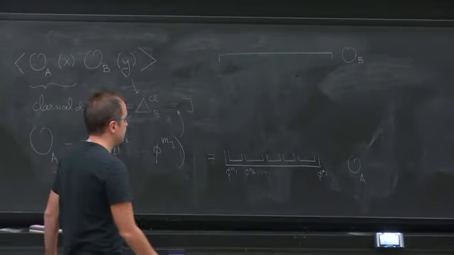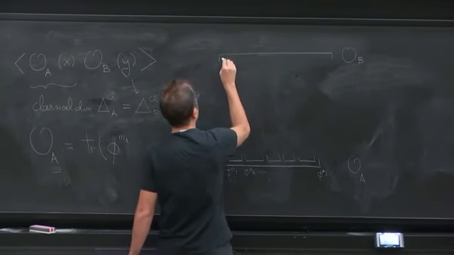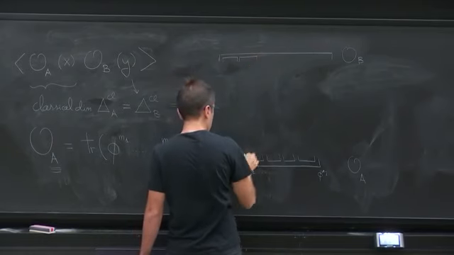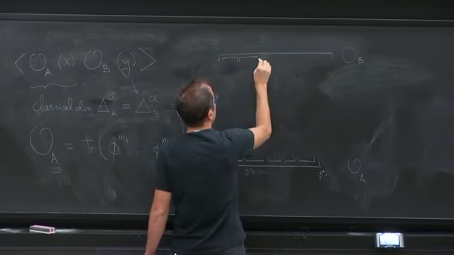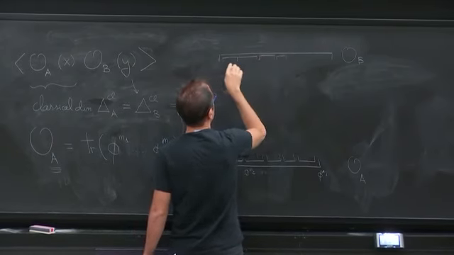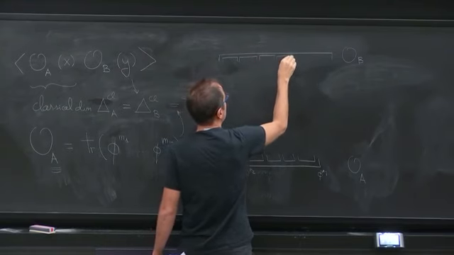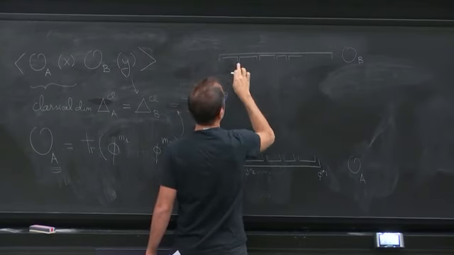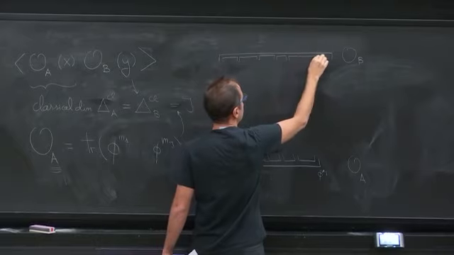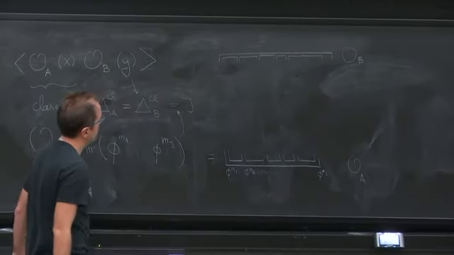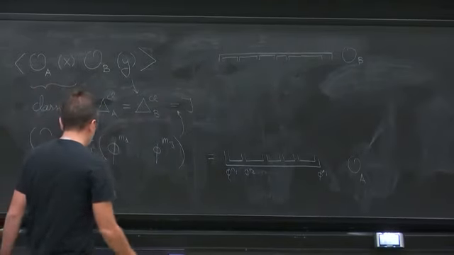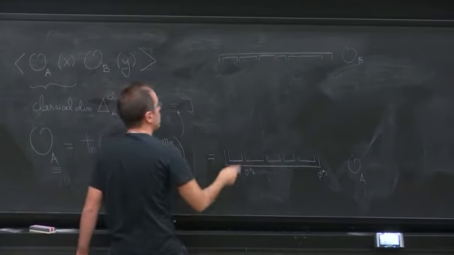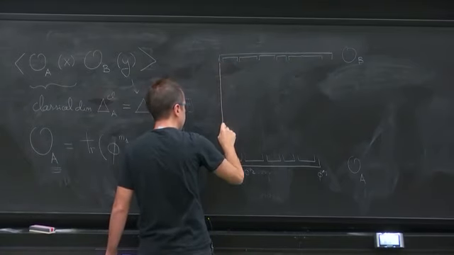And upstairs, I have O_B that would have 1, 2, 3, 4, 5, 6, also 6 fields. Otherwise, I cannot contract. And to leading order, all we do in perturbation theory is contract these fields.